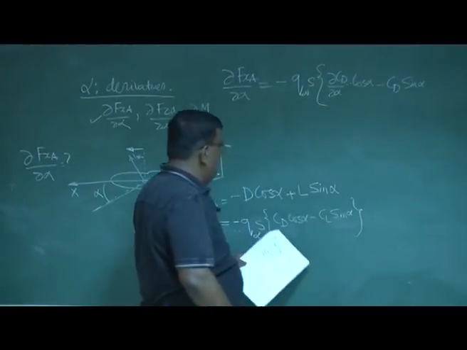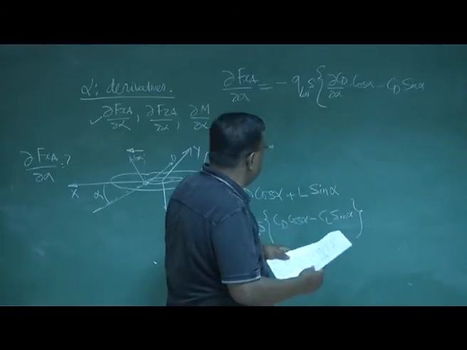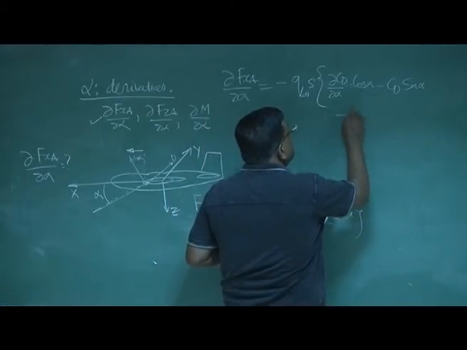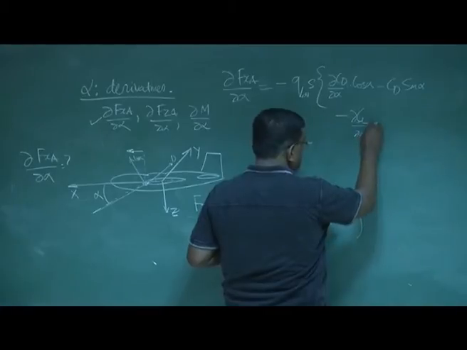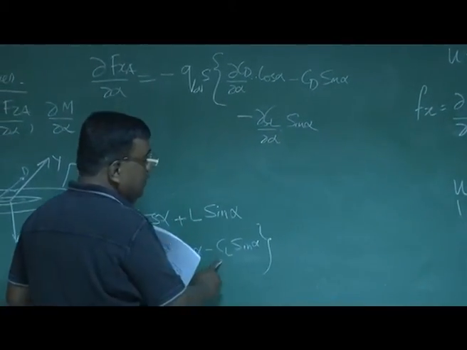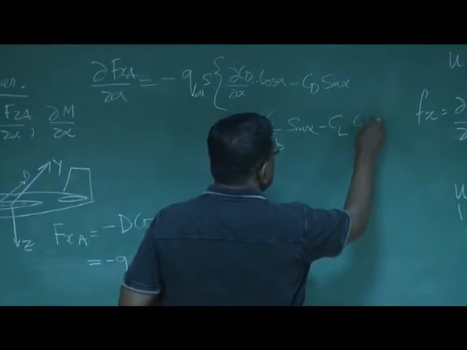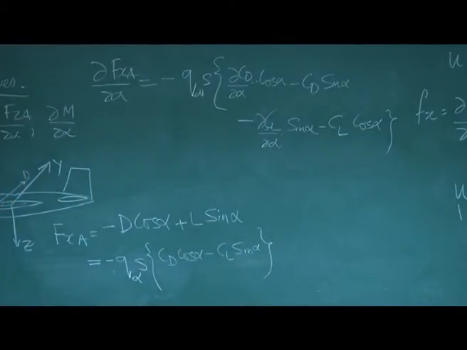See, the derivative of cos alpha is minus sin alpha, so that is why this minus sign has come here, okay. Then for this minus CL, dCL by d alpha into sin alpha, then minus CL into derivative of sin alpha, which is cos alpha. No objection? As simple as that.